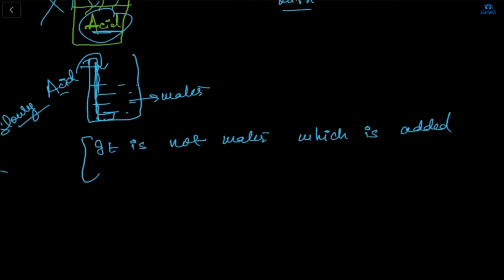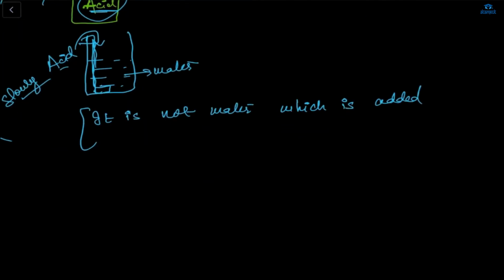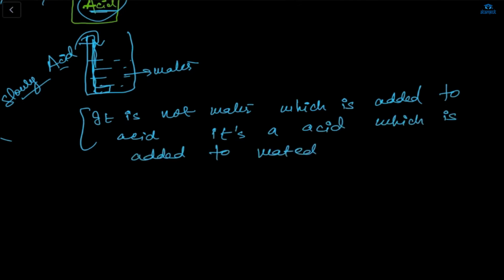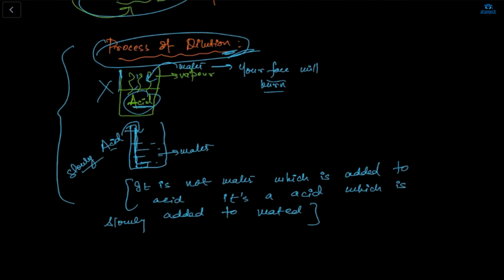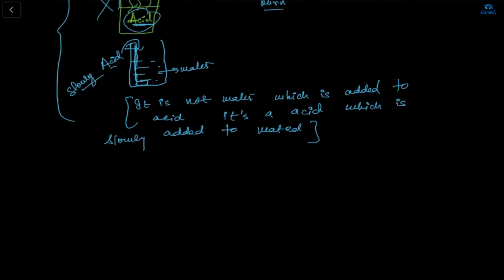So it is not water which is added to acid. It is acid which is slowly added to water, and we constantly stir our solution. Okay, so this is done.